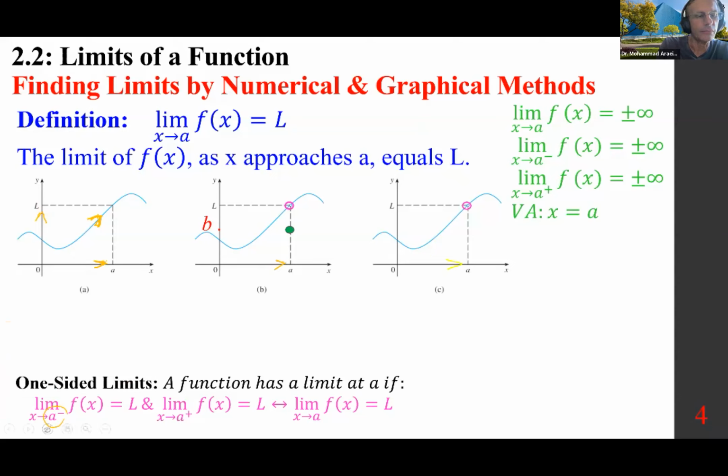In all of those three cases, when we move from the right side of A, and this one means finding the limit on the right of A, then we are moving here.